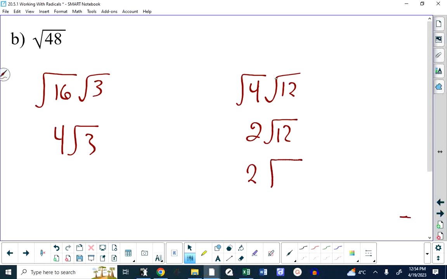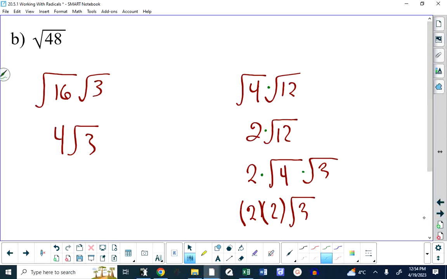And then I can write root 12 as root 4 root 3. This becomes 2 times 2 because the square root of 4 is 2 times root 3. I didn't say this explicitly, but there is always multiplication occurring between these pieces. And what we get is 2 times 2, which is 4, times root 3.